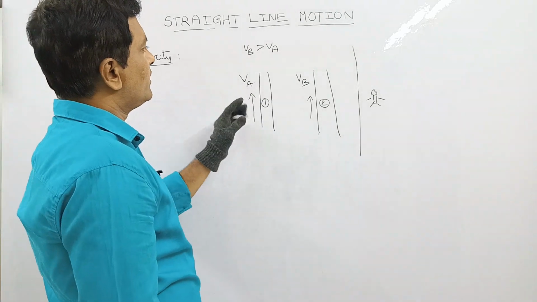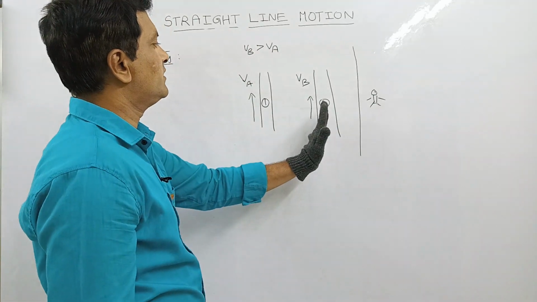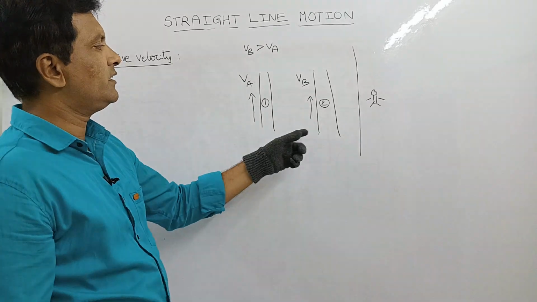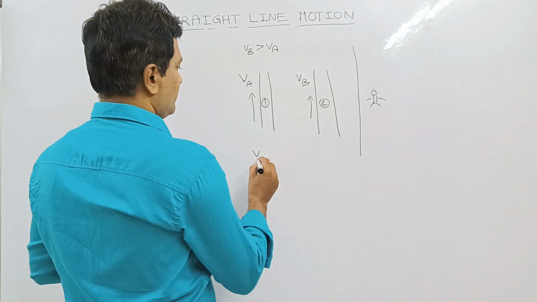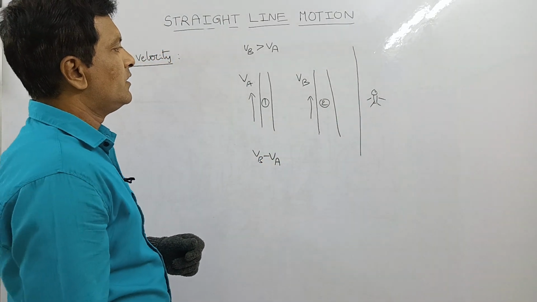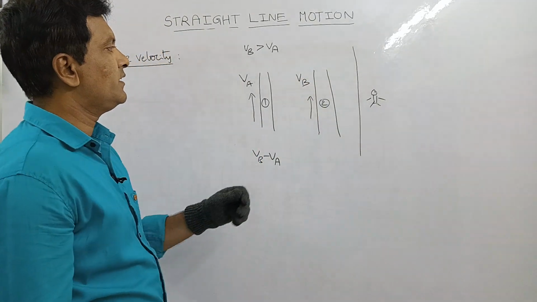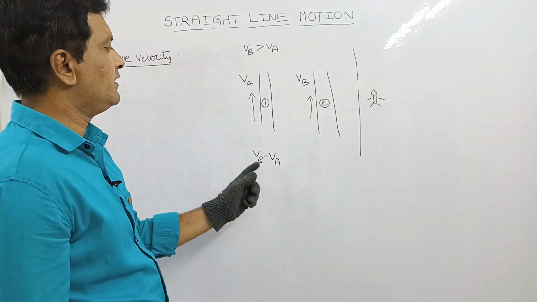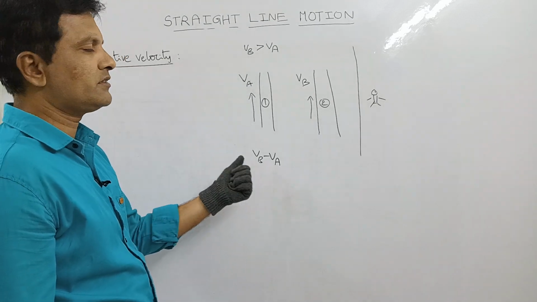If a passenger observes from this train, he will say the other train is moving faster and will cross this train with a velocity Vb minus Va. The passenger in the other train will say the same thing, with this difference of velocity.